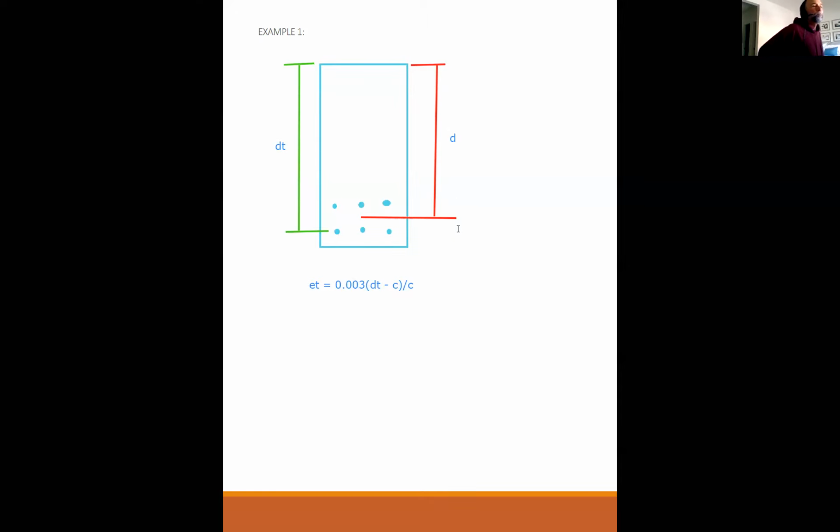Okay? And then I just want to let everybody know about homework number 4, if you look at the last problem, that's the one that has the one-way slab and then the beams. No, I'm sorry, not that one.